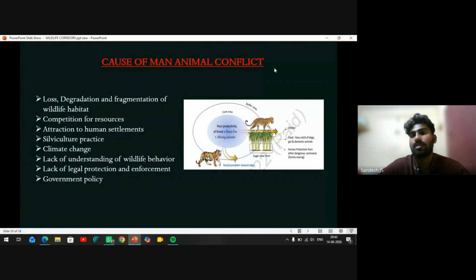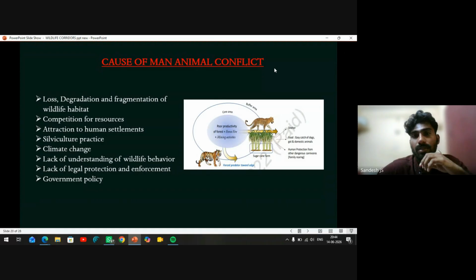Attraction to human settlements: human settlements have high-calorie food, garbage dumps, and cattle. Mainly easy food, easy resources for them. So they are attracted towards human settlements.